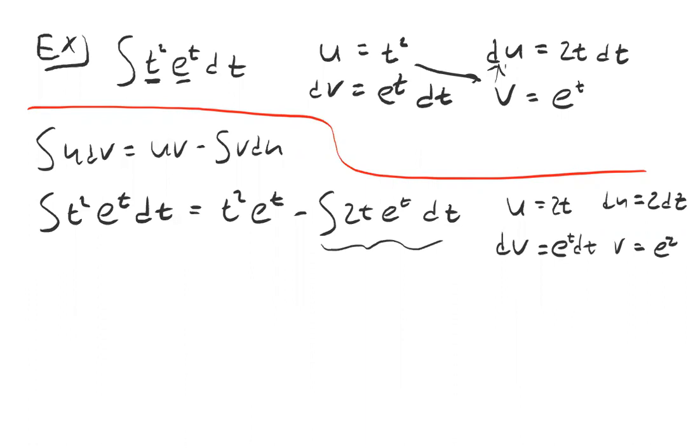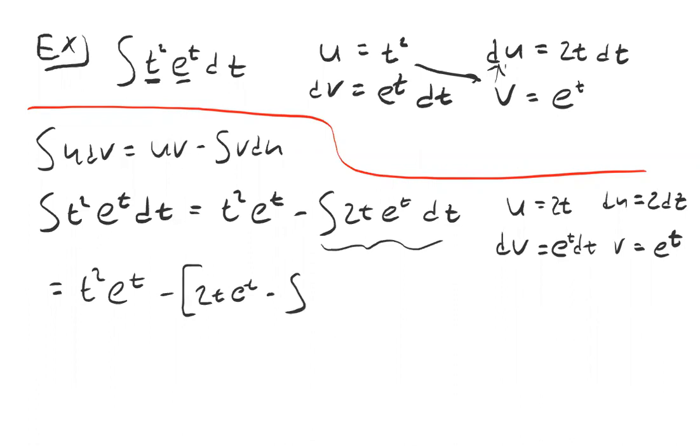And now I just continue. So I get t squared e to the t minus, and I'm going to subtract off all of this. Let me clean this up. So e to the t up there. Now this integral, 2t e to the t, is going to be uv, so I get 2t e to the t minus the integral of v du.